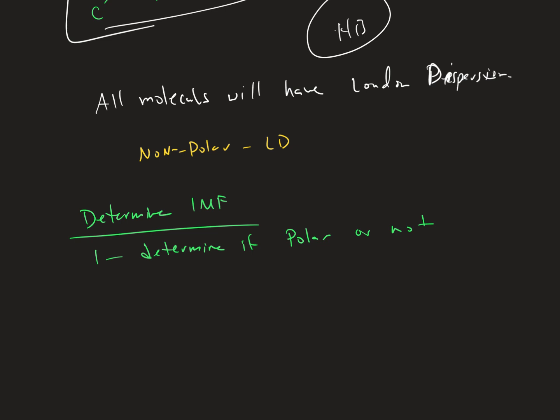London dispersion. If it is polar, we got to check one more thing. What do we check? If hydrogen is directly bonded to nitrogen, oxygen, or fluorine. If it is, it's hydrogen bonding. If it's not, it's dipole-dipole. Good? How we feeling?